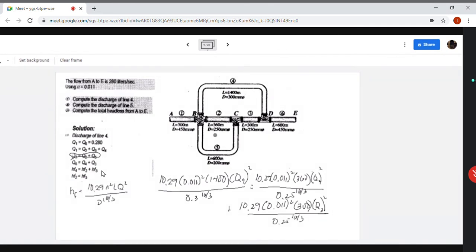See, you have Q2 plus Q5 is equal to Q3. So we will use it. We will get head loss 5 and head loss 2.